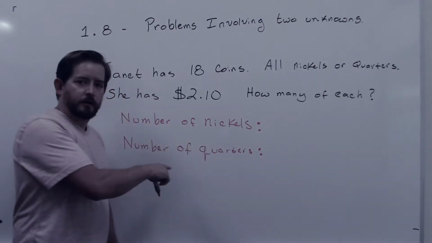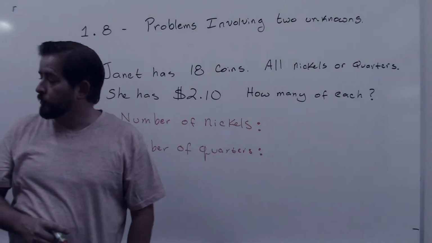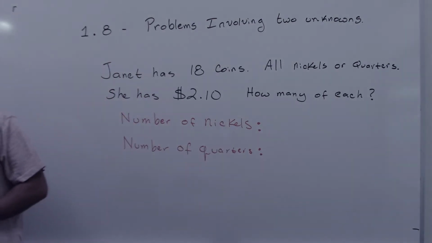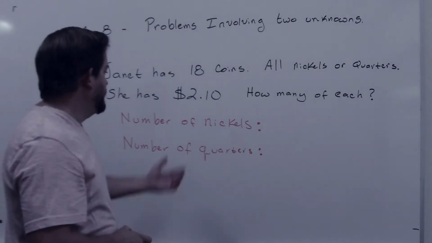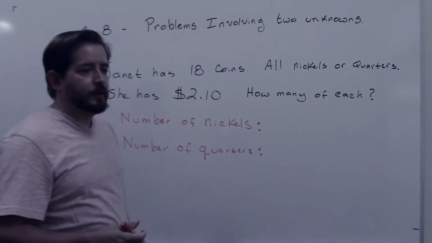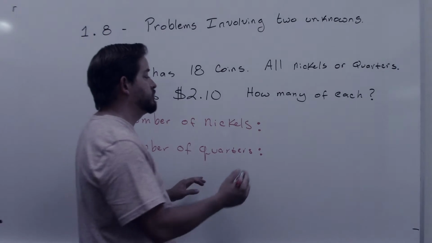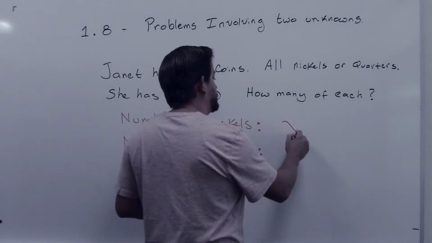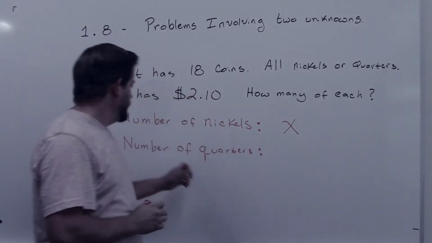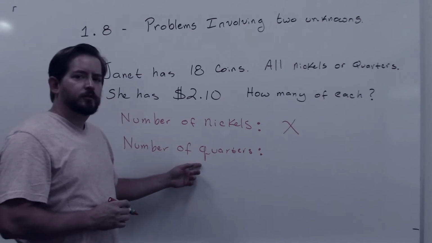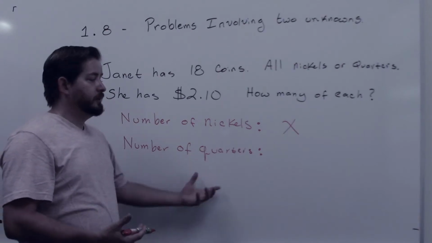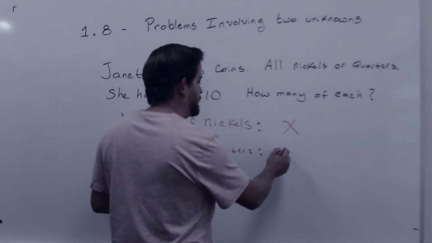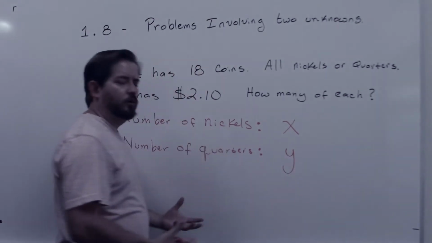Those are what we're looking for. How many nickels do I have? I have no idea, so I'm going to call that X. The number of quarters I also don't know, so I could call it Y, but I don't want to.